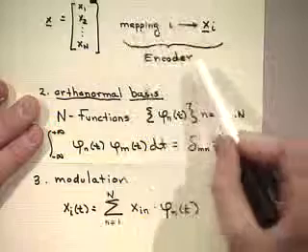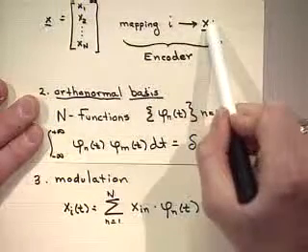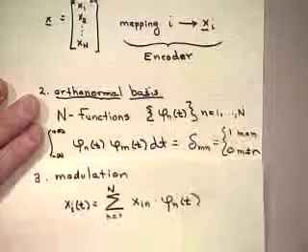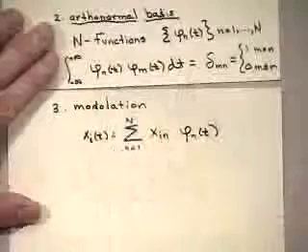So we're going to see that there are certain types of encodings, which are mappings from indices into vectors, which are good, universally good, no matter what the basis functions we use for the channel.